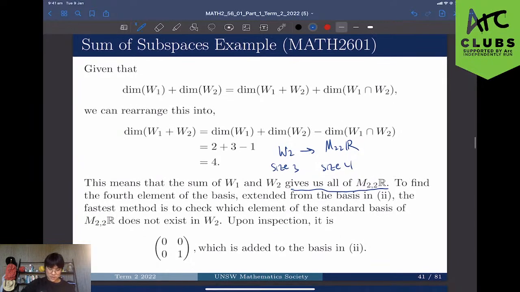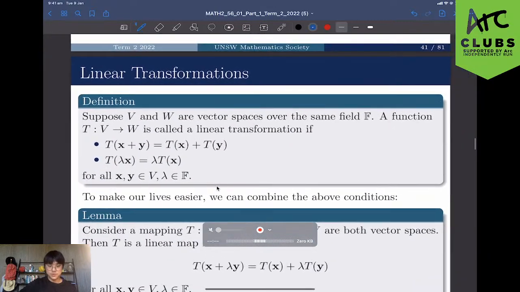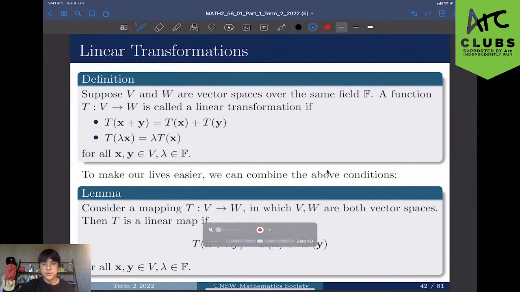We just test all the 2 by 2 standard basis matrices to see which can be constructed in W2. And we find that this matrix cannot be constructed in W2. So this is the missing matrix that should be added to the basis. So this is the end of my part. Steve will carry on with the rest of this seminar.